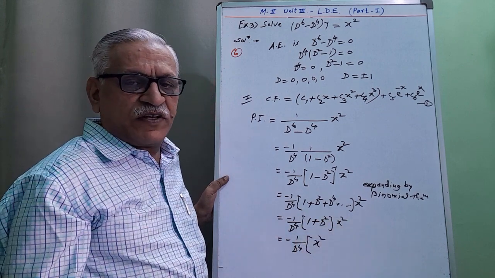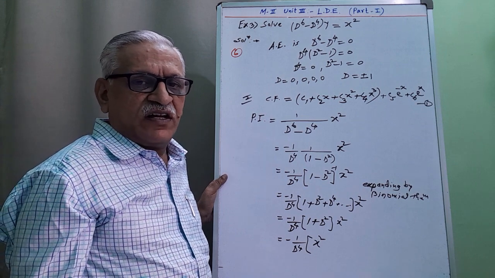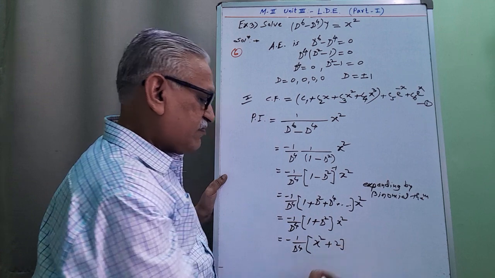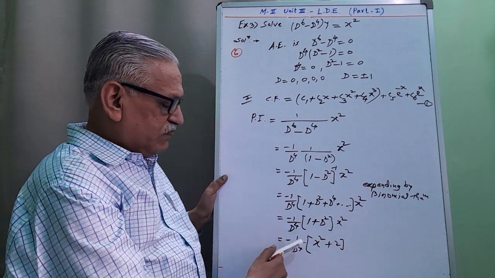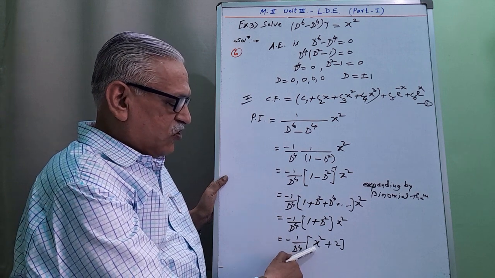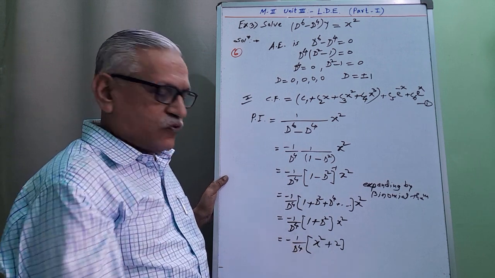Second order derivative of x square: first derivative is 2x, next one is 2. Therefore, it is minus 1 by d raised to 4 operated on x square plus 2.